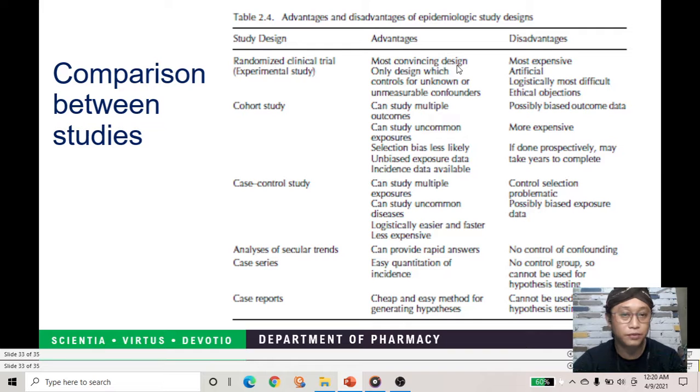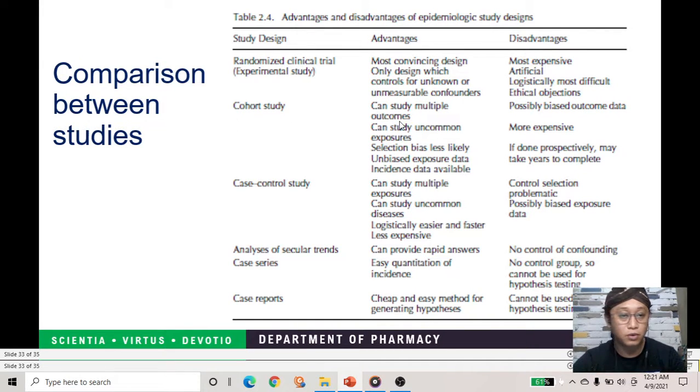This is the most convincing design to establish the causal relationship, but the disadvantage is that it can be expensive, because we use an intervention, especially when the intervention is giving medications. Then we have to have insurance for each participant, so that's why it is said to be expensive.